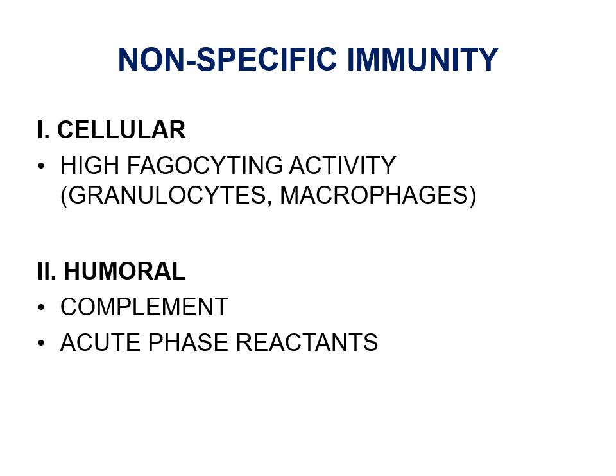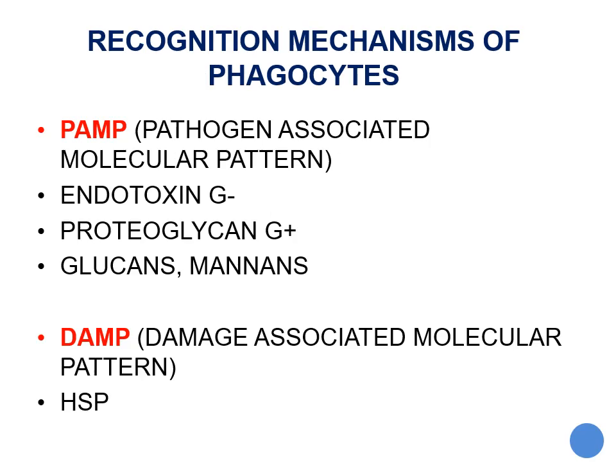Non-specific immunity can be cellular, like high phagocytic activity, granulocytes and macrophages, or humoral, which means complement and acute phase reactants. Recognition mechanism of phagocytes are first PAMP, which are pathogen-associated molecular patterns, which are usually on the surface of endotoxin, proteoglycans on gram-positive bacteria, glucans, polyglucans, polymannans, and others.